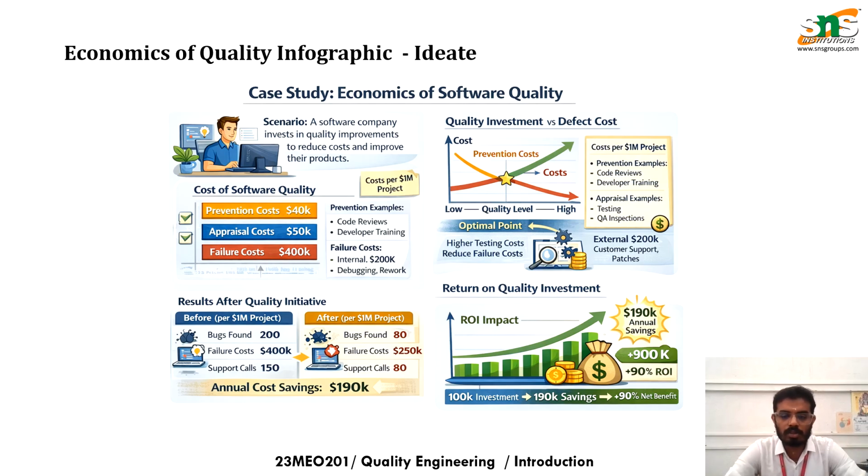Prevention cost is code reviews and development training, which stops defects before they happen. Appraisal cost is testing and quality inspections. Failure cost is debugging, rework, and customer complaints. When the quality level is low, the failure cost is high.